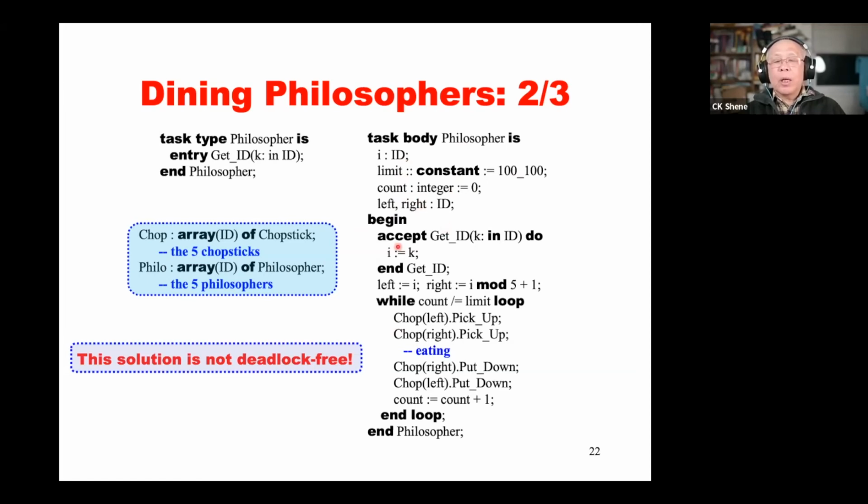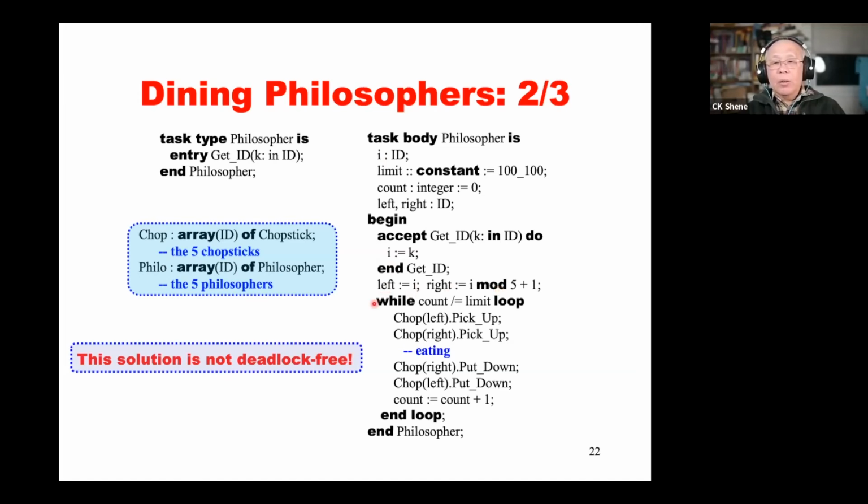First of all, we accept get ID here, because when a philosopher is created, that philosopher must get its ID. So it takes its ID and saves it to its local variable and ends the rendezvous. From this local value I, we are able to determine this philosopher's left chopstick and its right chopstick. MOD is the mod operator.